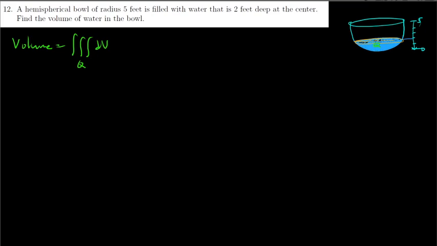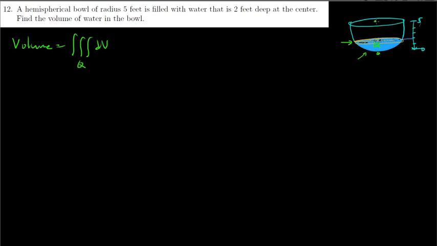So, yeah, there's a lot that we can really mess up on here, right? So the top surface here is just going to be a disk, and we have to figure out the radius of that disk. And the bottom surface will be the surface of a sphere, right? And it really kind of depends on where you want the origin to be. Do you want the origin to be right here at the bottom of the bowl?